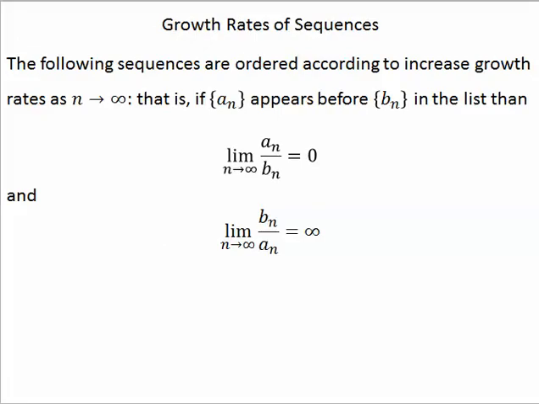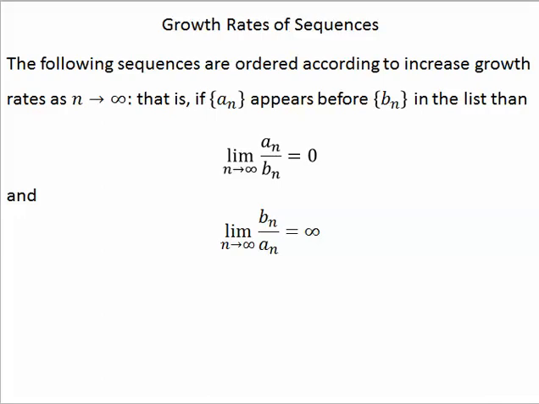The growth rate theorem is basically an ordering of sequences that I'm about to give you in just a minute. And with that ordering of sequences, if A comes before B, then the ratio of A over B will go to zero. And if A comes before B, then B over A is infinity.